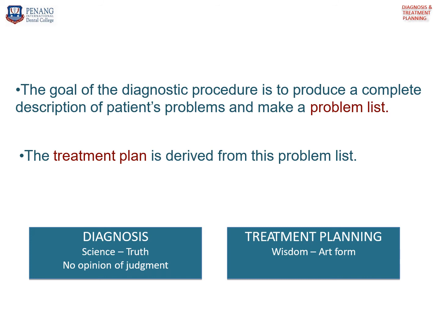Now, once you're clear with what a problem list is, what is a treatment objective? You have now written your diagnosis. From the diagnosis, you know what problems you want to correct, and from this problem list, how you will correct it step by step will be your treatment objective. For example, first you want to correct the molar, then your canine, then your incisor, then individual tooth problems like crowding, spacing, rotations, and everything, right?